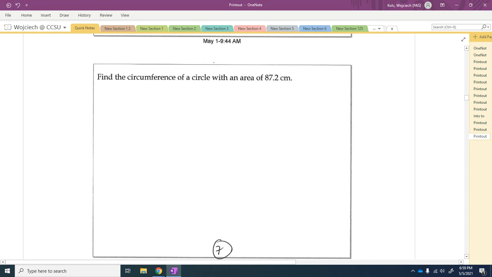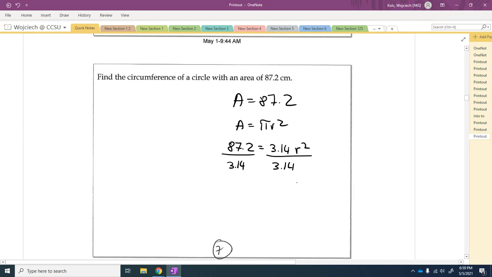Another example, find the circumference of a circle with area. So this time I give you approximation for the area. So area equals 87.2 and area of a circle is pi r squared. So 87.2 equals 3.14 r squared, divided by 3.14, divided by 3.14.